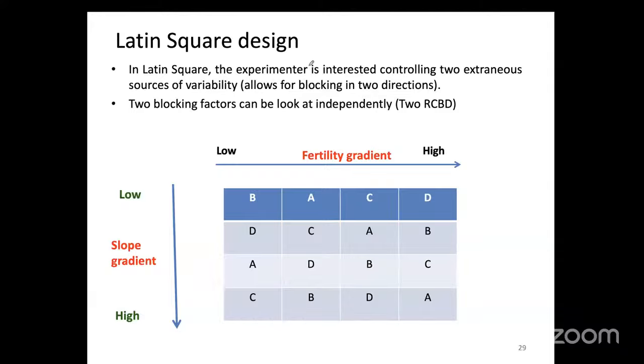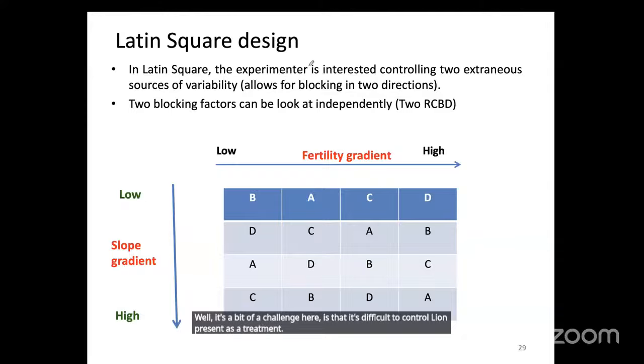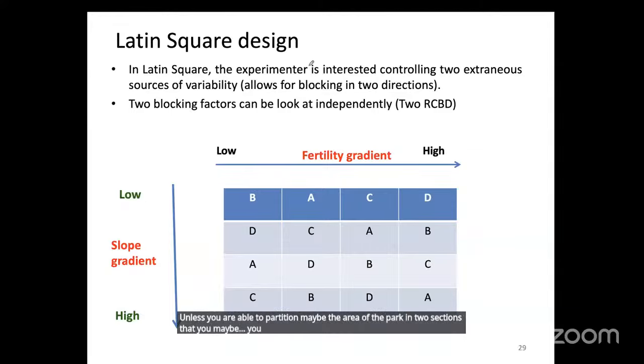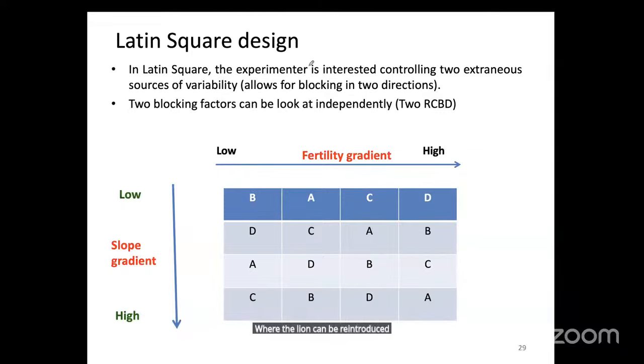Well, it is a bit of a challenge here because it's difficult to control lion presence as a treatment unless you are able to partition the area of the park into two sections that you fence off, and then you can randomly decide where the lion can be reintroduced and where the lion is absent.